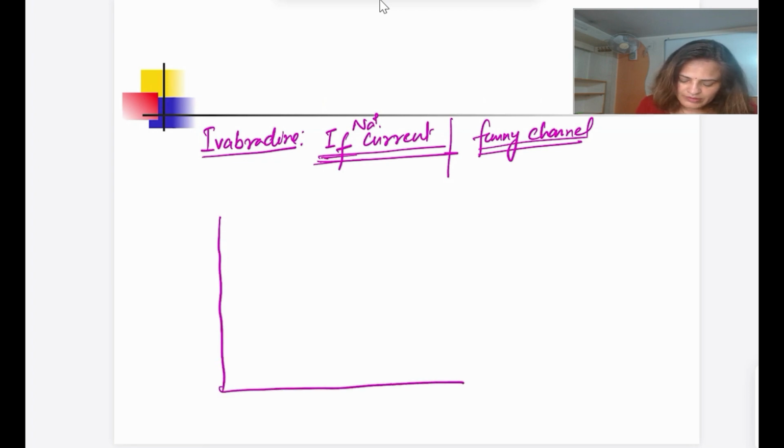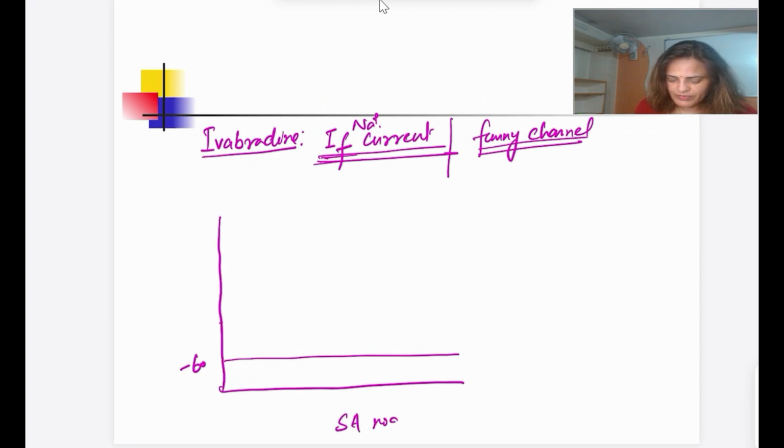So this is the resting membrane potential, -60 millivolt. I am drawing the potential of the SA node, and this is another threshold voltage, that is -40 millivolt.